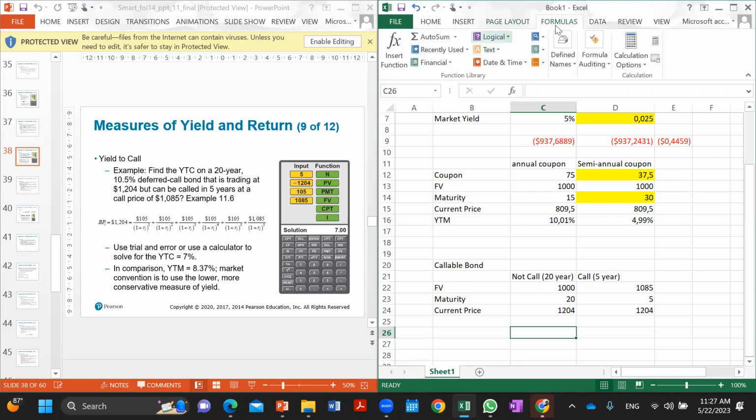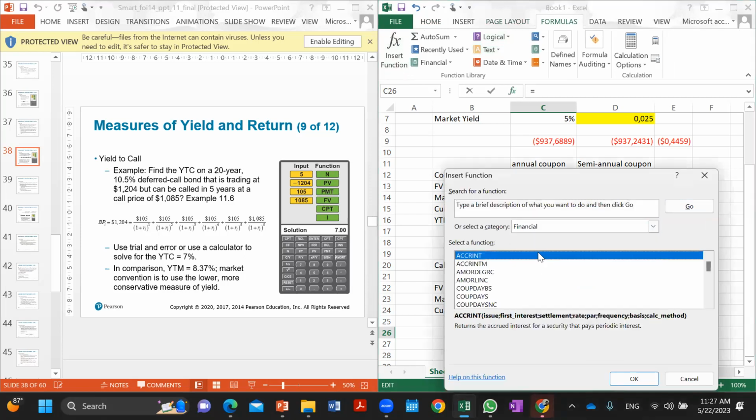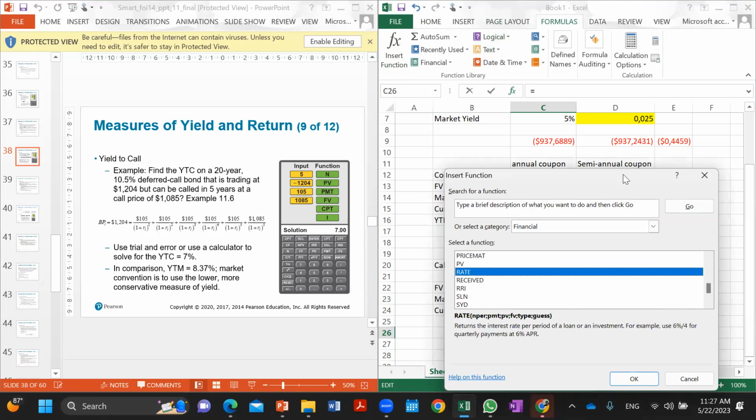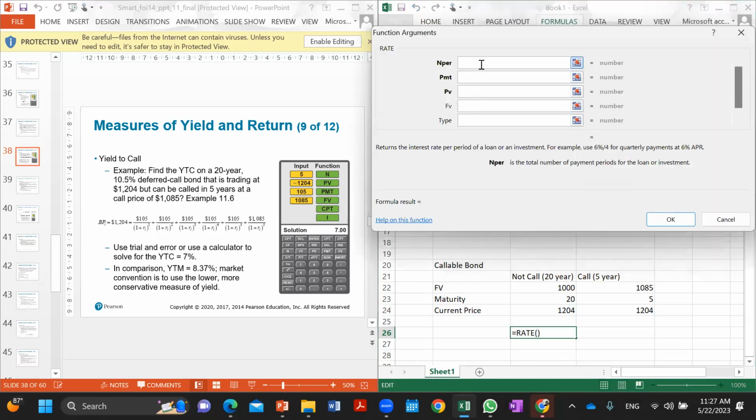Go to formula, insert function, choose financial. And then we choose rate. Now the maturity is 20 years, right?